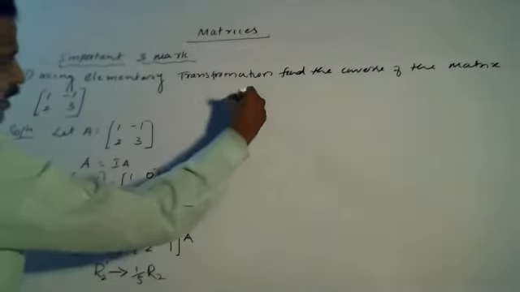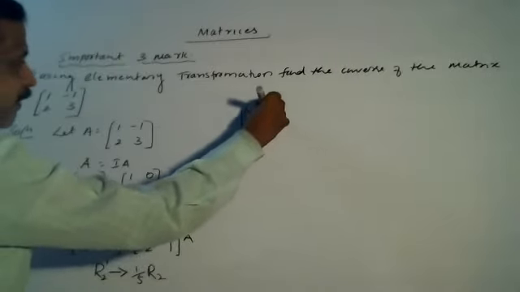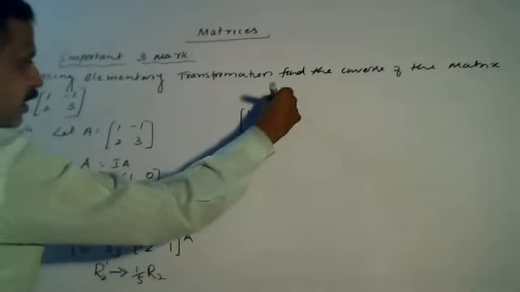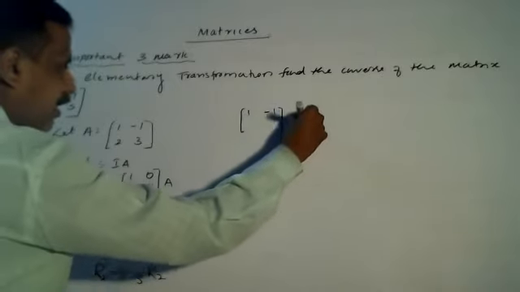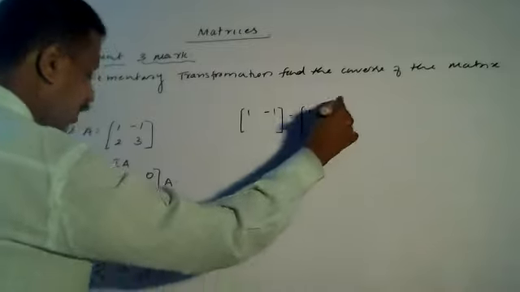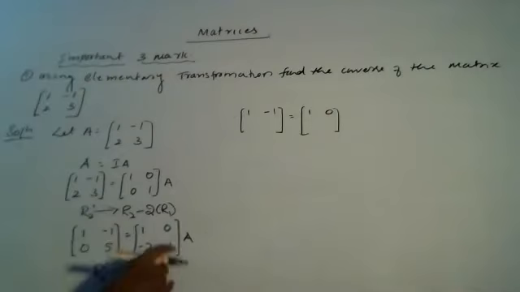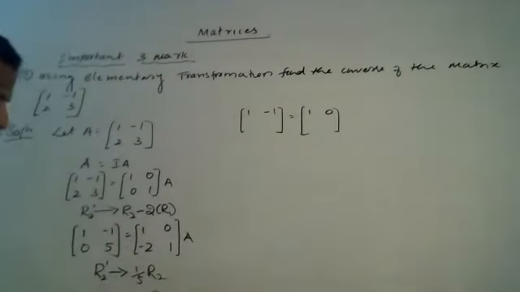Again there is no change in R1, so I'll keep R1 as it is: 1, -1 and 1, 0. Here R2 changes to 1 by 5 R2.